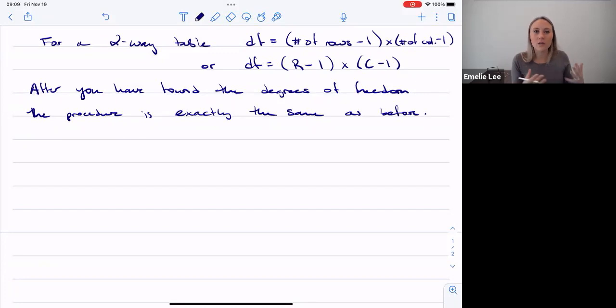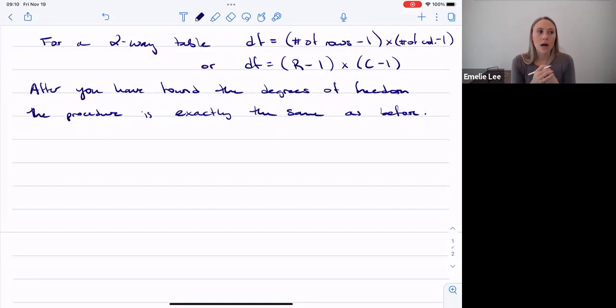You know what to do if you find a small p-value, then you have enough evidence to reject H naught, and that's always going to be the same, right? And so here we're building up this library and it feels overwhelming, right? But just remember, it always follows the same core structure.